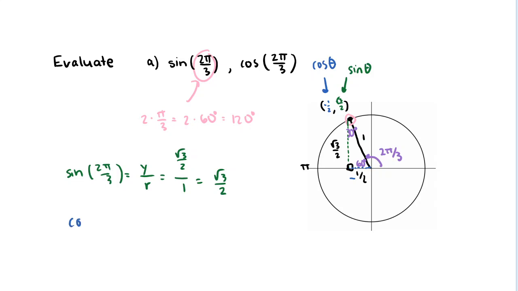And then cosine of 2 pi over 3, this is the x value of the point divided by r, so this is negative 1/2 divided by 1, or negative 1/2 at the end of the day.